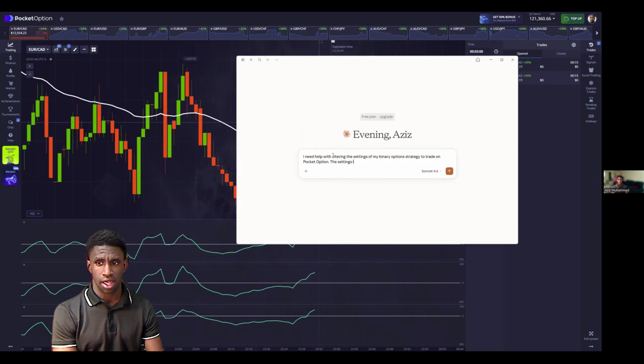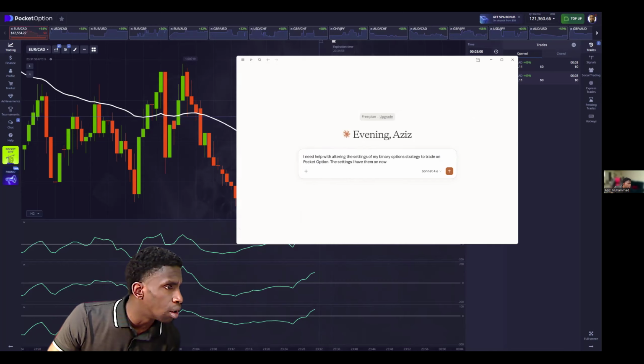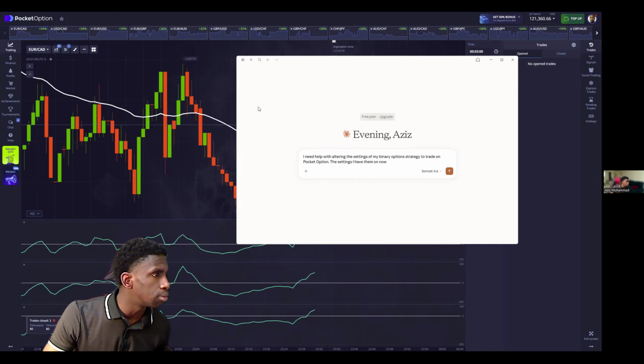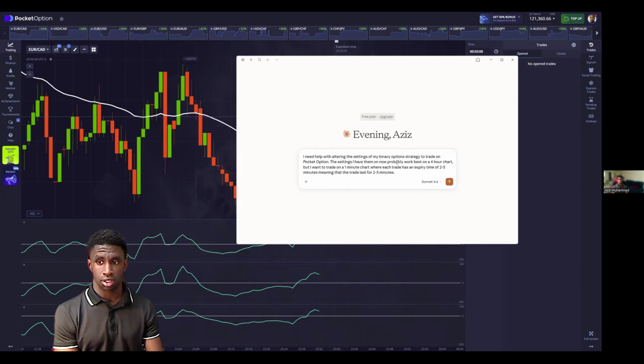The settings I have on now probably work best on a 4 hour chart, but I want to trade on a 1 minute chart where each trade has an expiry time of 2 to 5 minutes, meaning that the trade lasts for 2 to 5 minutes because it is binary options.